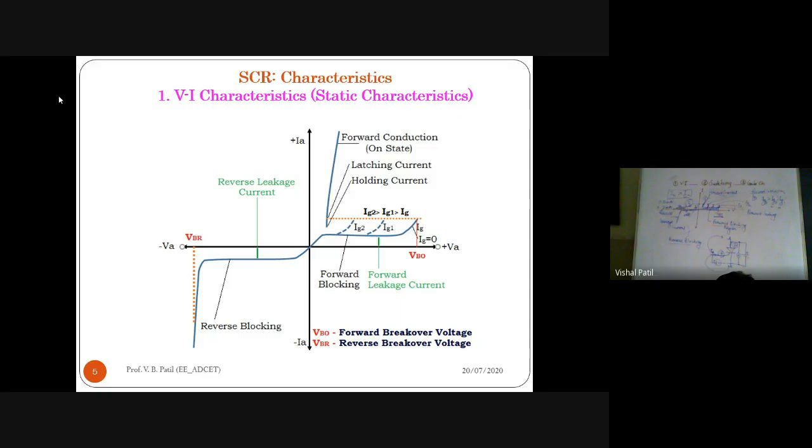Latching current is always greater than the holding current, which can also be seen through the characteristics.